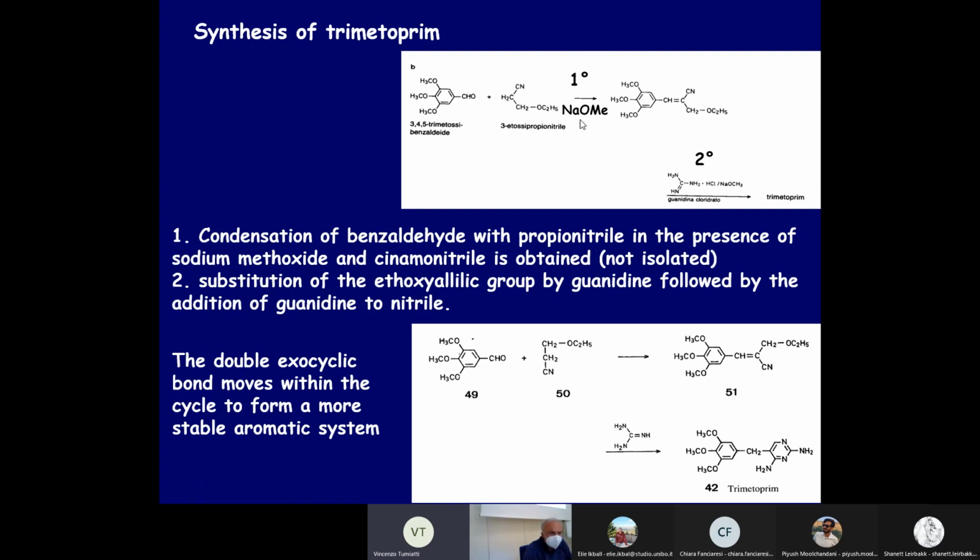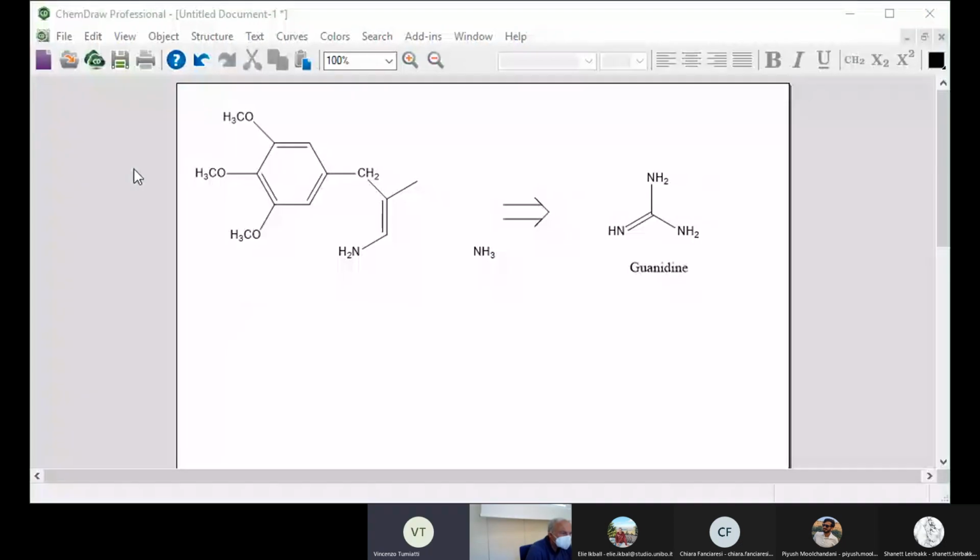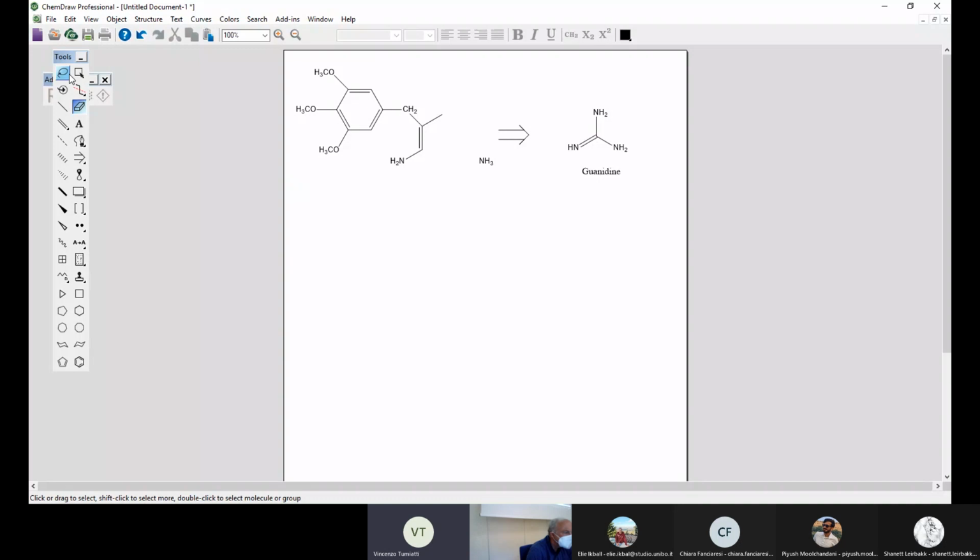What does a strong base mean? Just a moment.